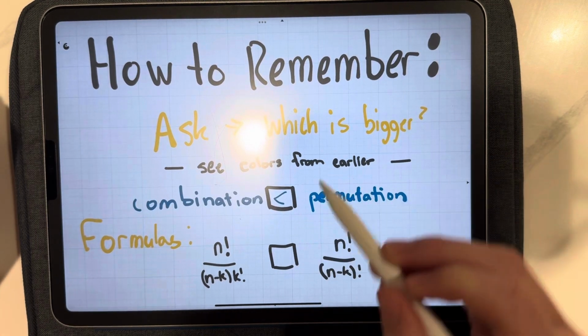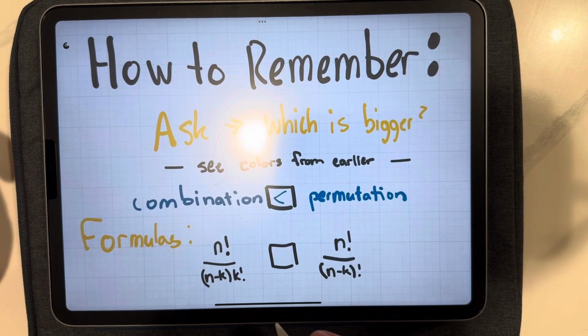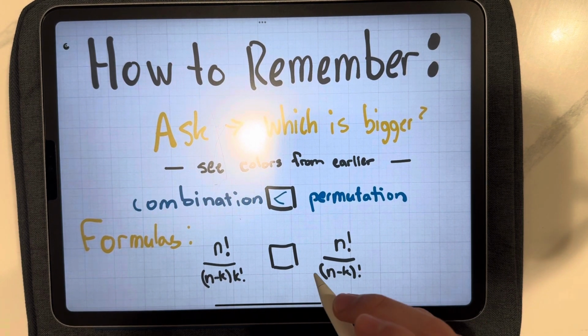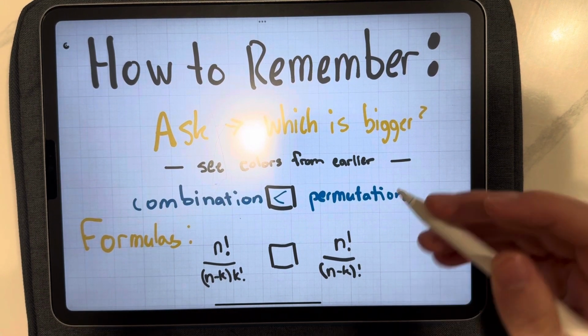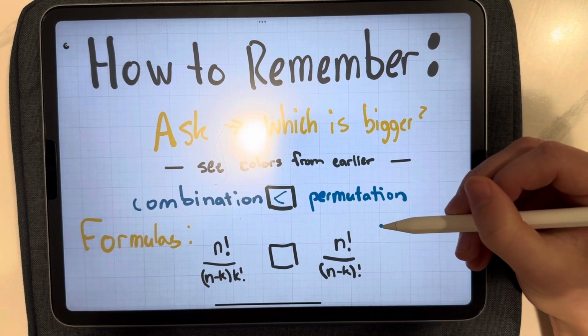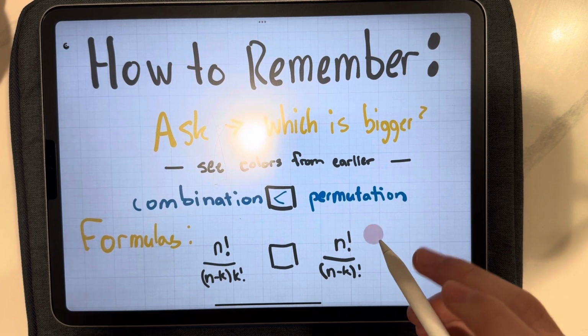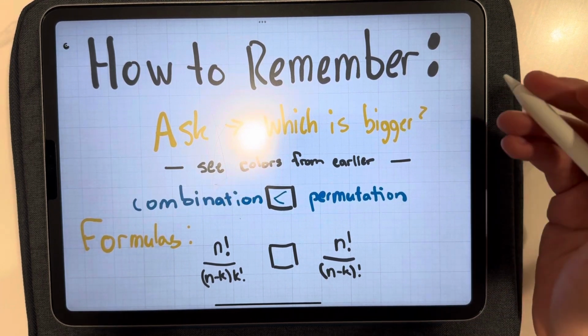And now look at this formula. Which of these formulas are bigger? So n factorial and k factorial, these are always going to be positive because for any number, it's going to be 3 times something, or just something all the way down to 1. And so that's going to be a positive number.